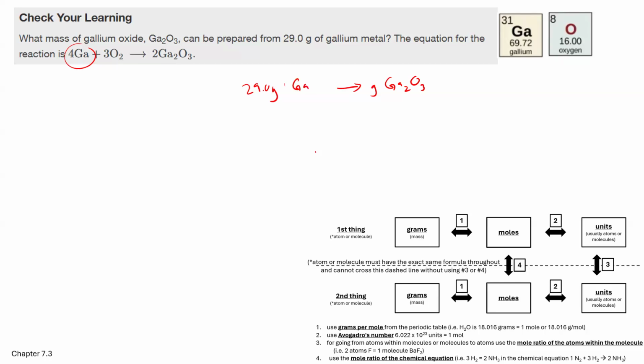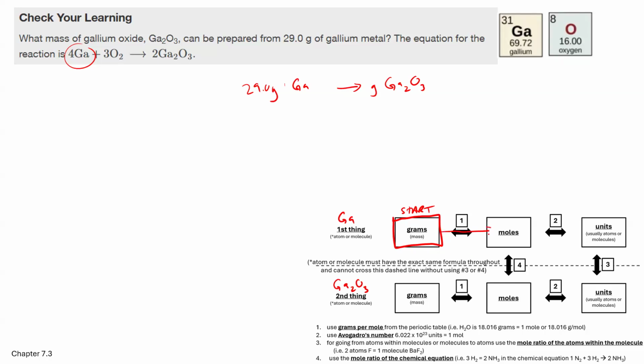All right, let's figure this out. Let's do the molar mass. Let's say we're starting with gallium here, and going to Ga2O3. This is our start, right? We're starting with gallium metal, grams.